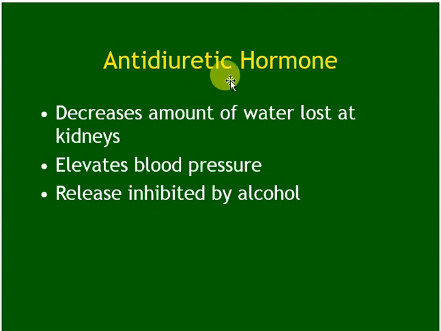Anytime you see uresis or diuresis, know that we're talking about more water being lost in the urine, increasing the amount of urine by getting rid of more water. The antidiuretic hormone, on the other hand, is against losing water.